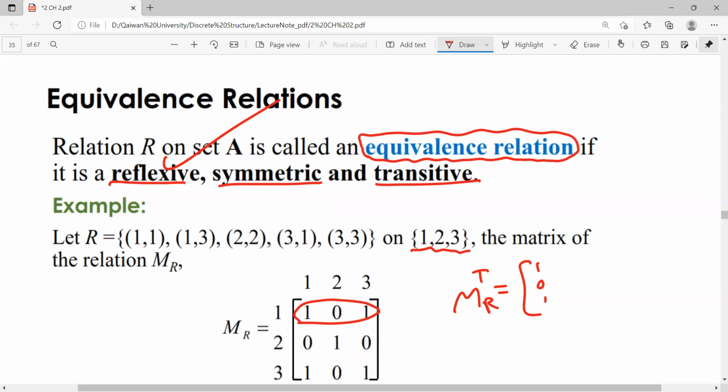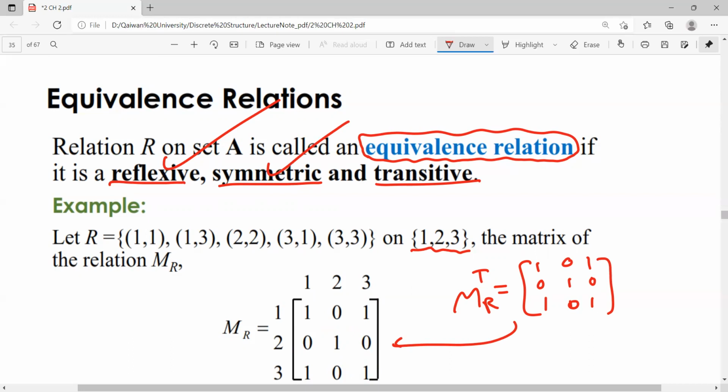It's 1, 0, 1; 0, 1, 0; then 1, 0, 1. Is this equal to this matrix? These are equal. So it satisfies the second condition, which is symmetry. So the relation is symmetric.